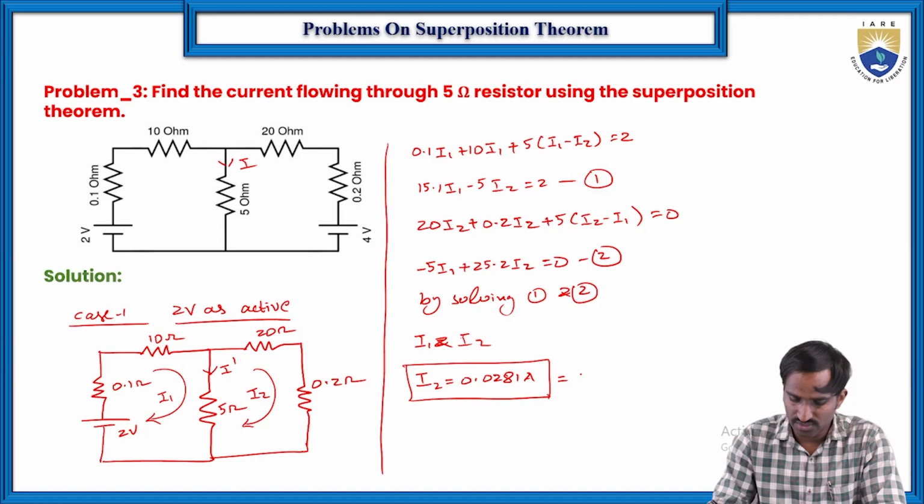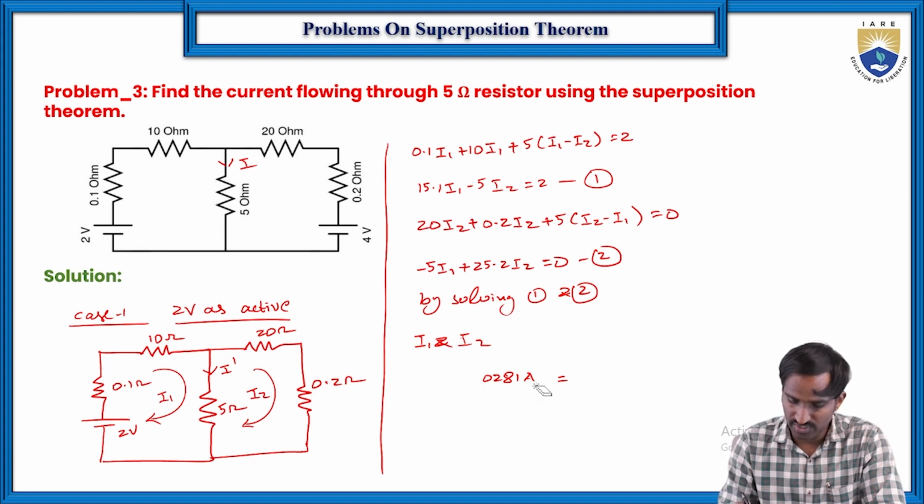Since this branch is in between, we need both the I1 and I2 values. So here the I1 value is 0.1417, and the I2 value is 0.02812 amperes.